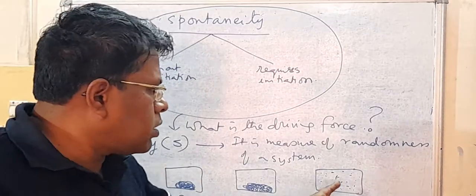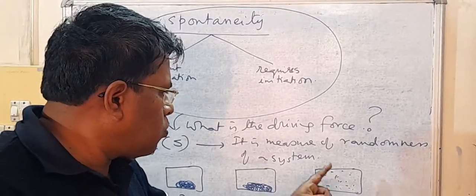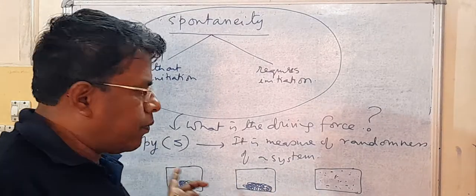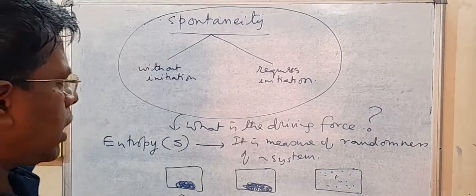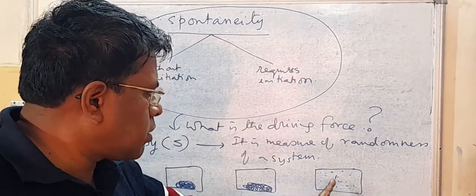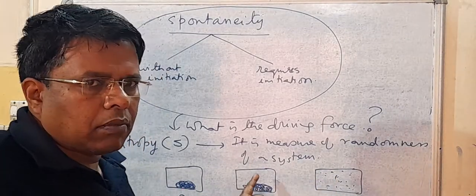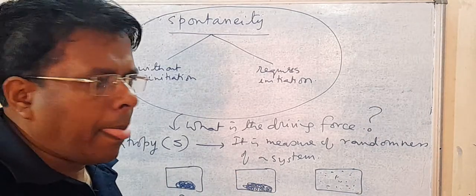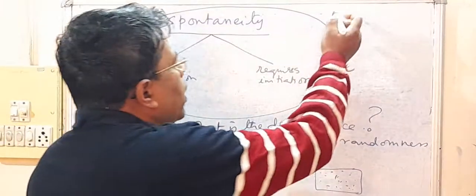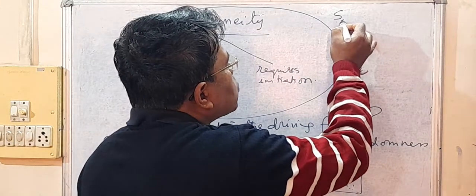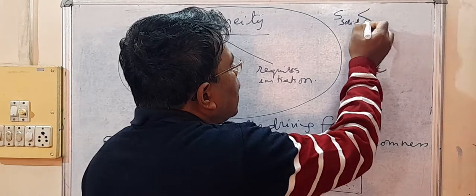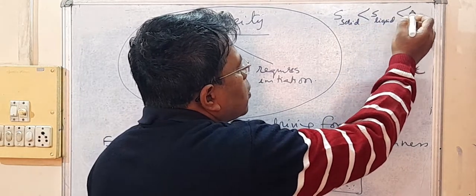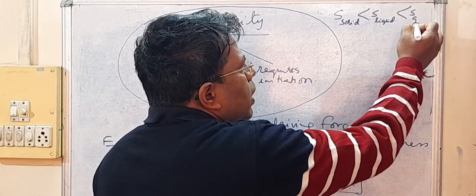So randomness is more here. Next it is here, and here the randomness is very less. So we say that the entropy of this system is more than this system. So we can straightaway write, entropy of solid will be less than entropy of liquid, which is less than entropy of gas.